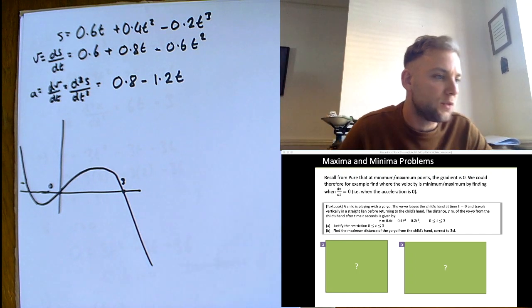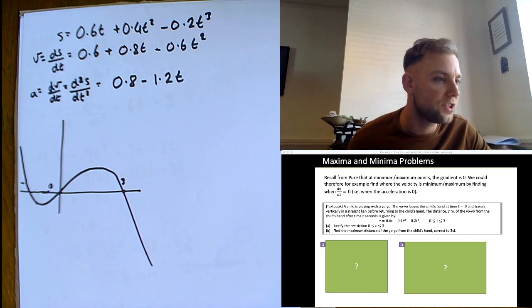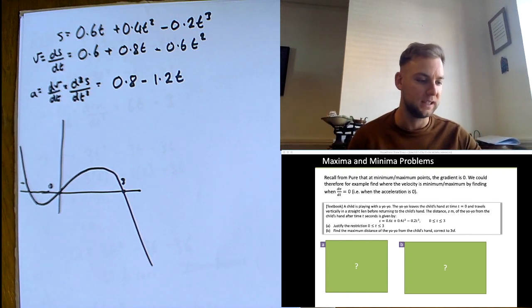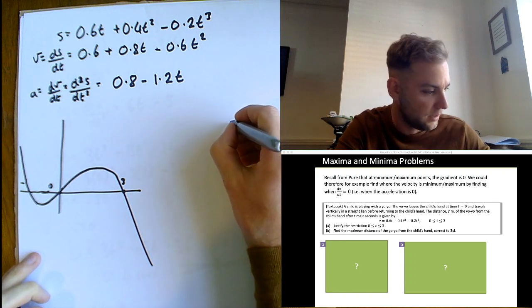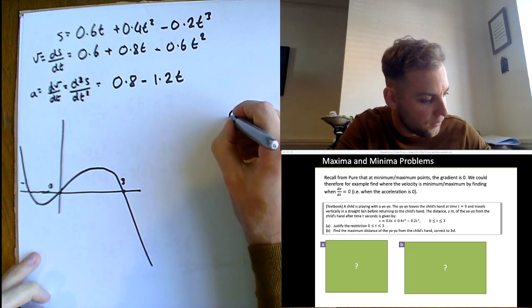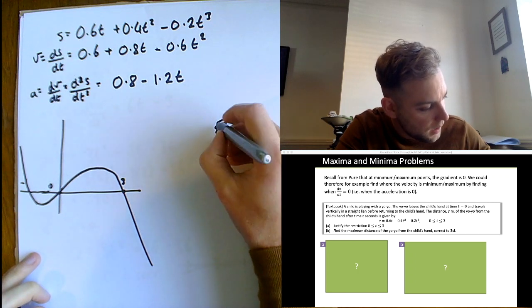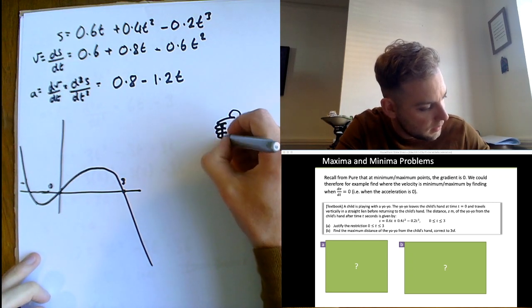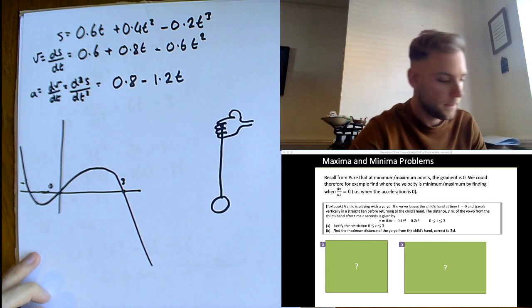Now, if I look at these restrictions, because I know that the yo-yo leaves the child's hand at t equals 0, if I think about this, I'm going to try and draw this, not going to be very well. If I've got a hand like so, and he's got a yo-yo in his hand, there's the yo-yo, like so.